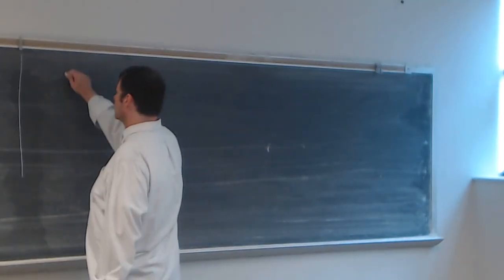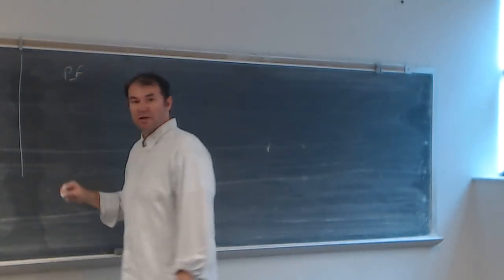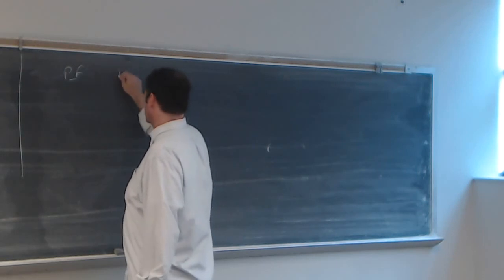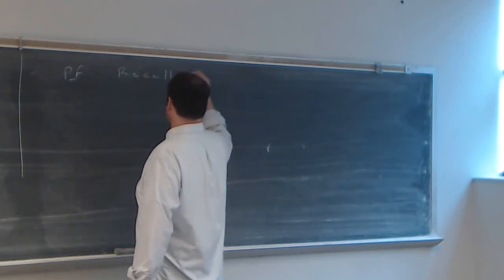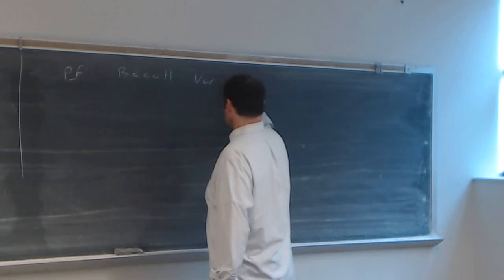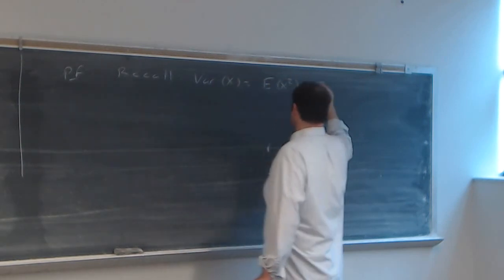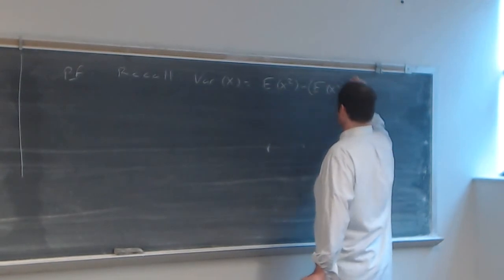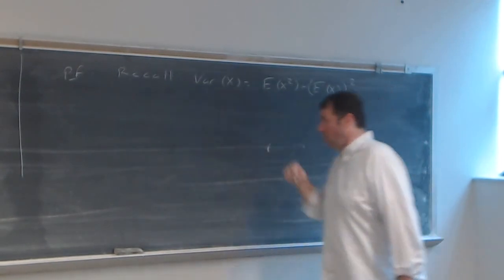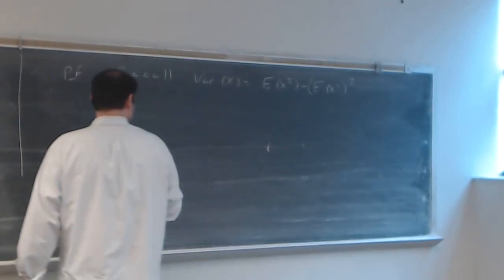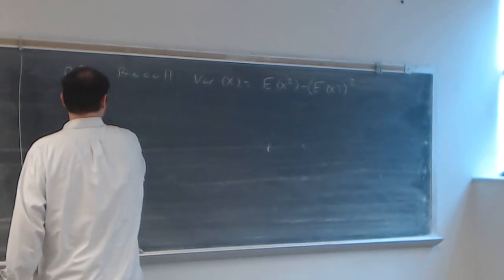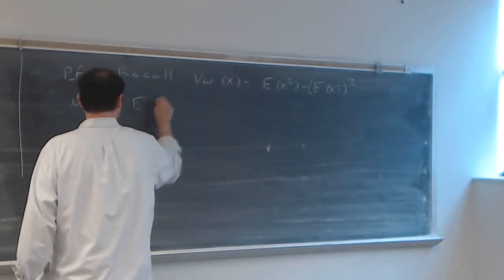Okay, so here's the proof. We note, or recall, the variance of x is the expected value of x squared minus the expected value of x, squared. We found this to be alpha over lambda, so it's going to be alpha squared over lambda squared for that part. Note, the thing we don't know is the expected value of x squared. What's it equal to?